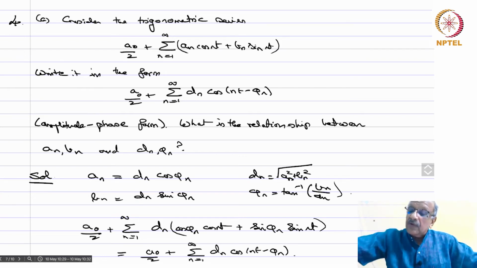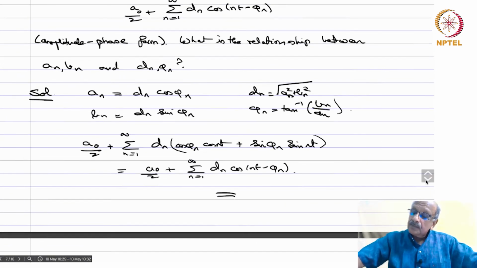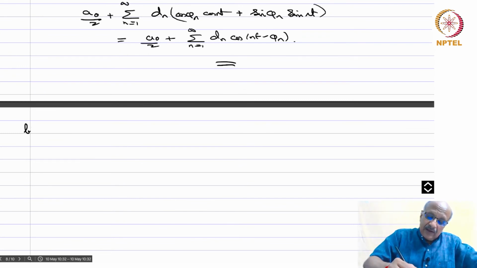The cos A minus B formula is all that we have used.